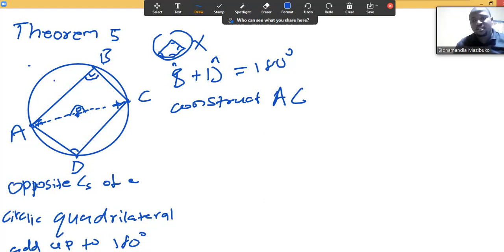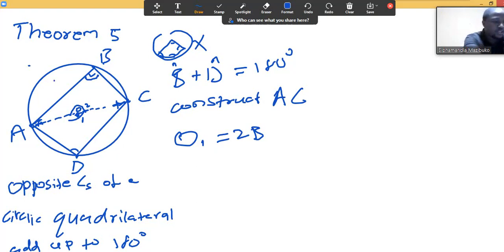So we can have O2 and O1, and basically say this angle here is twice that. So we can say that O1 is equal to 2B using Theorem 2.